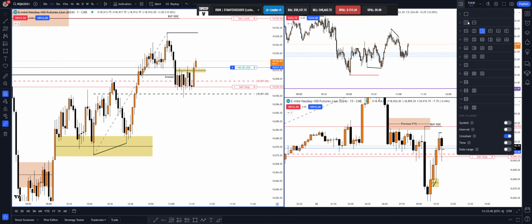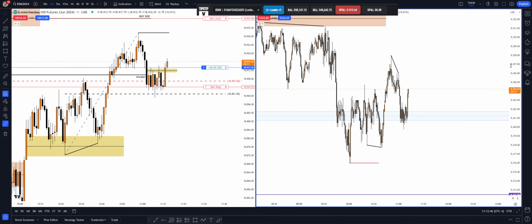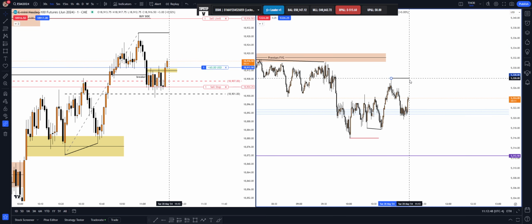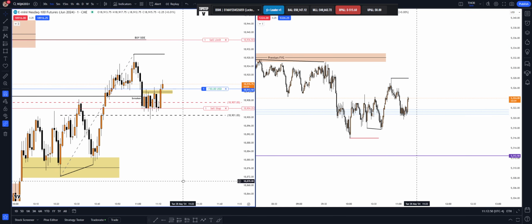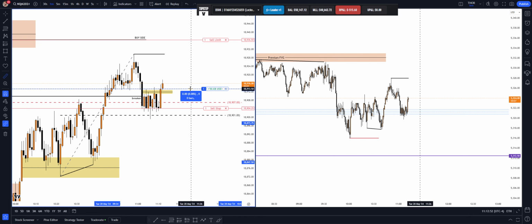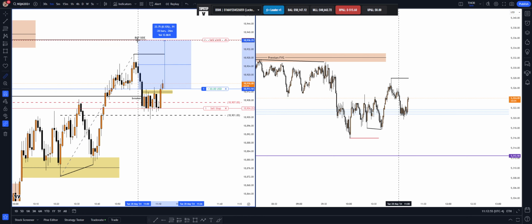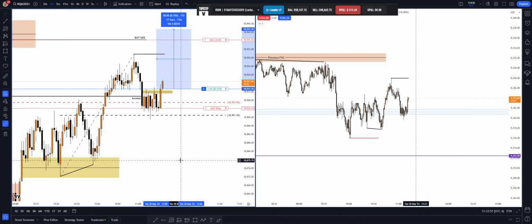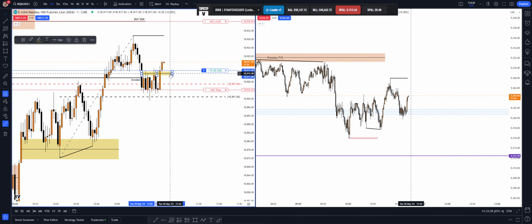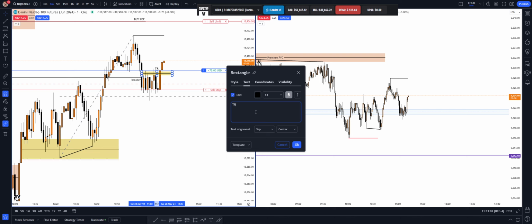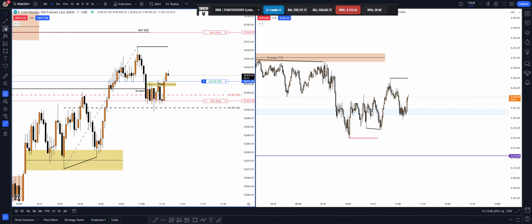Alright. What's the reward here actually? 16. Not a lot. And the low shouldn't get violated here.